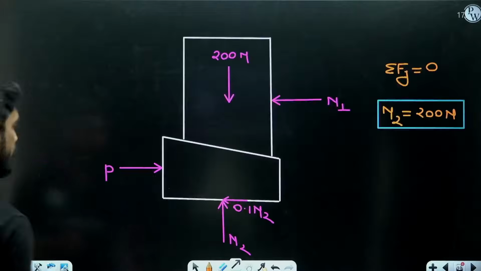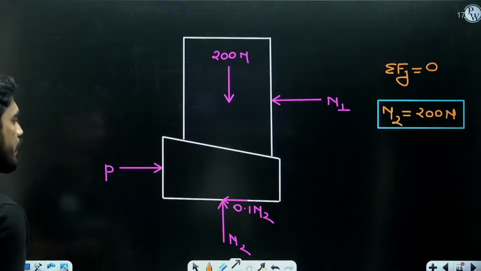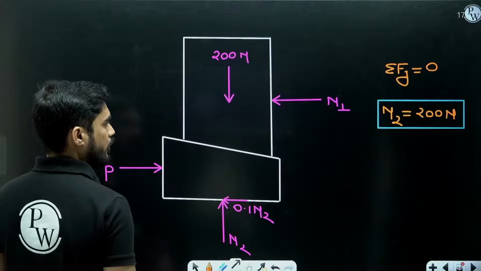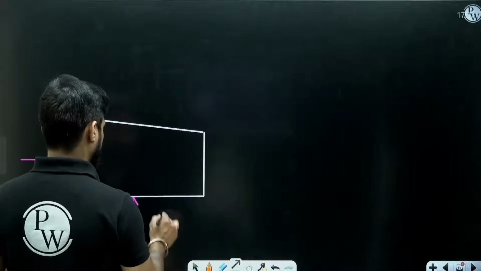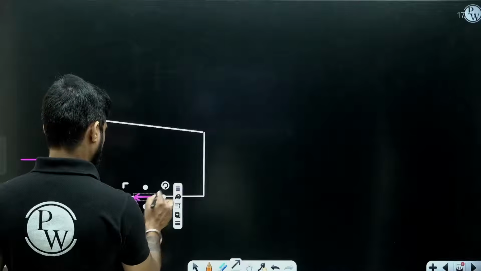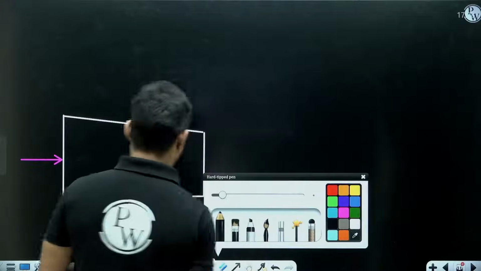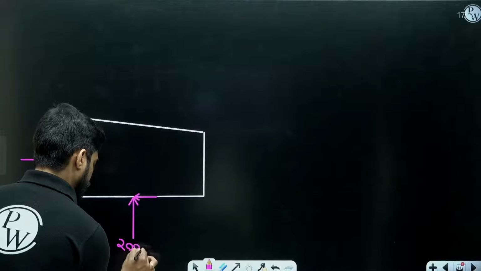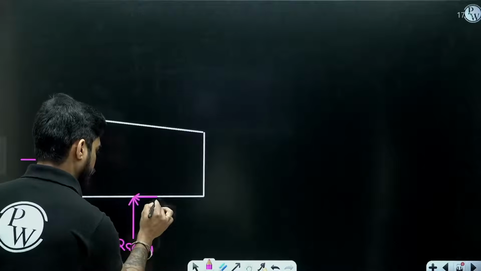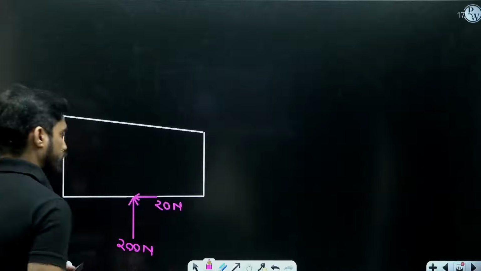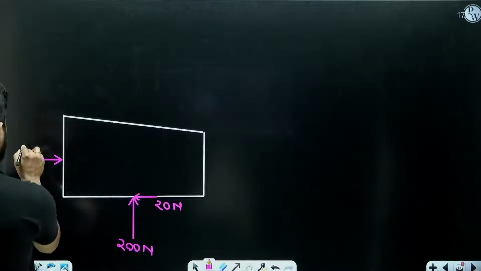So this is how much? N2 200 and this is 0.1 N2 means 20. Okay, this is P.